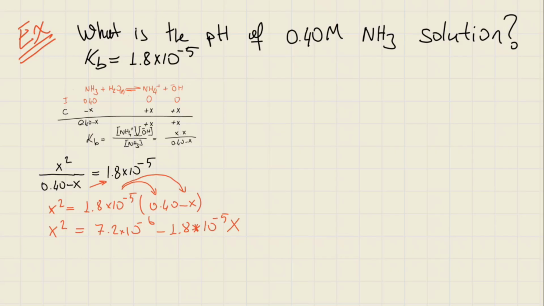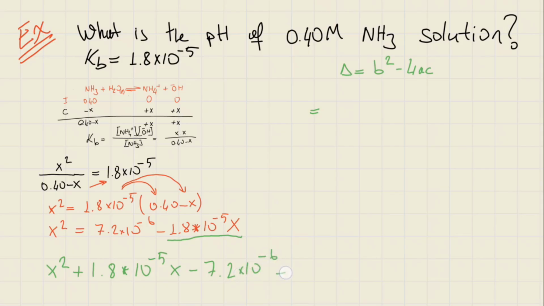So as you know, delta equals b squared minus 4ac, and we can calculate. We should first make it simple: x squared plus 1.8 times 10 to the minus 5 x minus 7.2 times 10 to the minus 6 equals 0. In this kind of equation we have a 1 here, right?